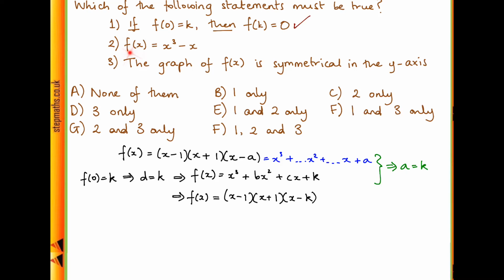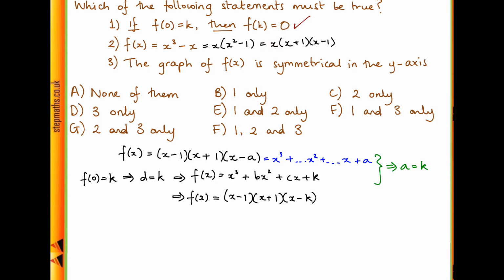Now, for the second statement, f of x is equal to x cubed minus x. Let's write this in this way. So if I factorize that out, I can take an x out, then have x squared minus 1. And the x squared minus 1 is the difference of two squares, so that would give me the x plus 1 and the x minus 1. So this is saying that our third root must be 0.